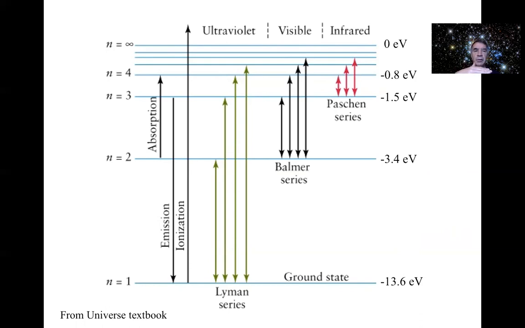It can only orbit at particular distances from the proton, and those have to obey the quantum mechanical rules, and that basically ends up with this kind of energy level diagram where you've just got discrete energy levels which are labeled by this quantum number here, n. Okay, so that's the electronic quantum number. So n equals 1 is the lowest energy, or the ground state, as it's often called.